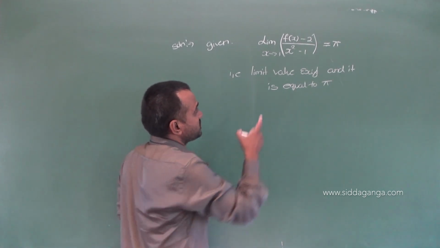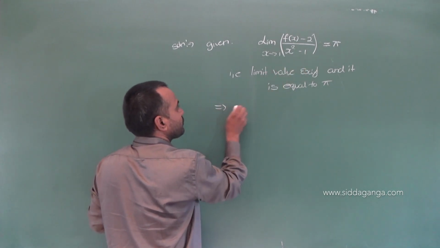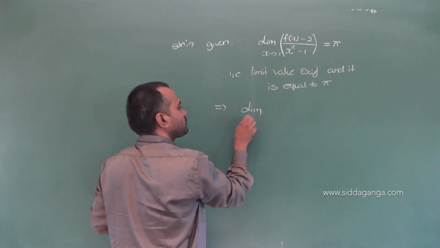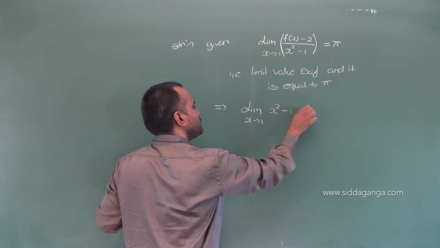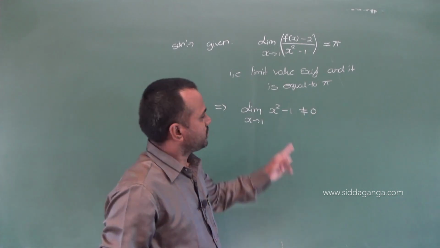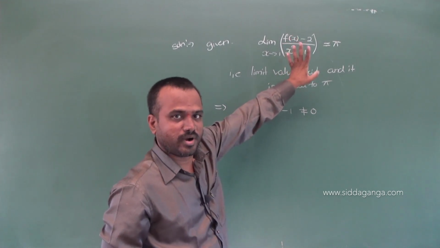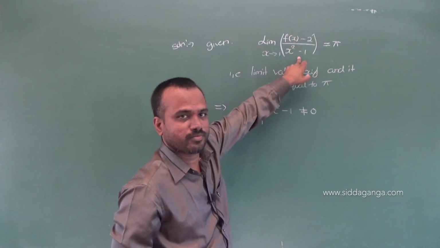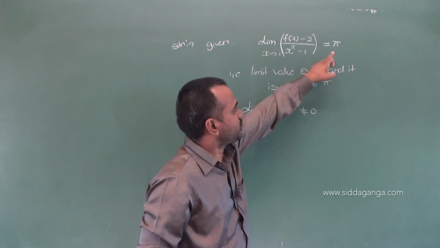Limit value exists means this denominator is not equal to 0, that implies limit x tends to 1, x square minus 1 is not equal to 0. Why is it not equal to 0? Even though you substitute 1 minus 1, 0, yes, but if it is 0, it is not equal to pi.